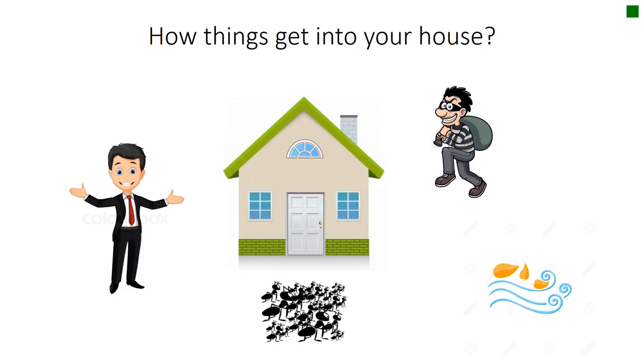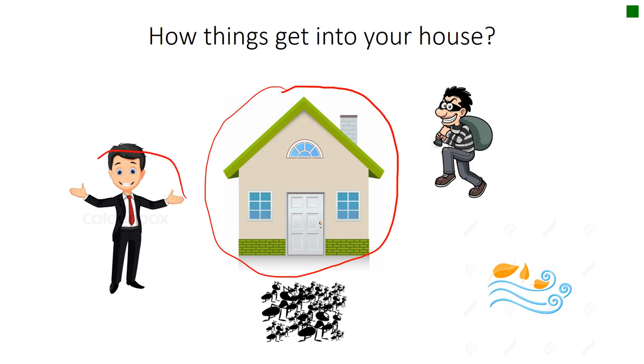To help you to understand the transport through the plasma membrane, I'll use how people or animals or substances can get into your house. For example, this is the owner of this house.